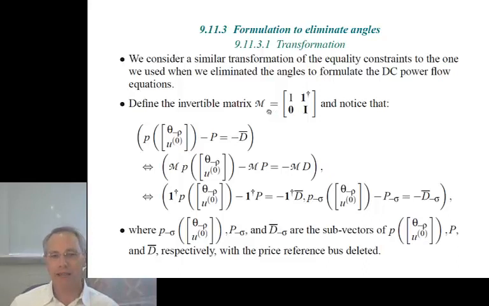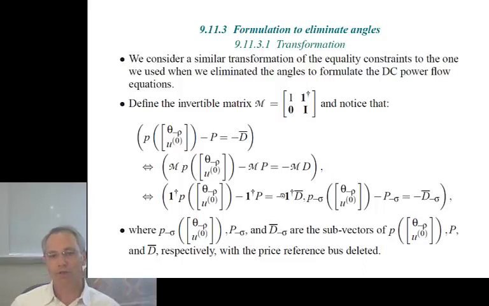Then the second block row of M has the effect of picking out all of the entries of capital P and D that correspond to the price reference or slack bus. In other words, it pulls out capital P minus sigma, and minus D minus sigma. So just rewriting the second row in terms of the first and second blocks of M, we now get 2 sets of constraints.